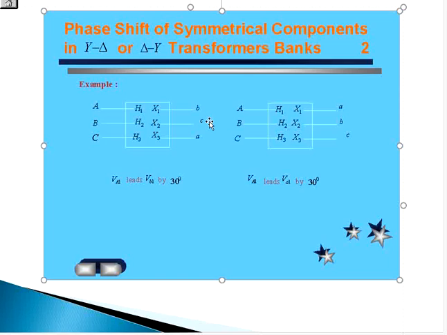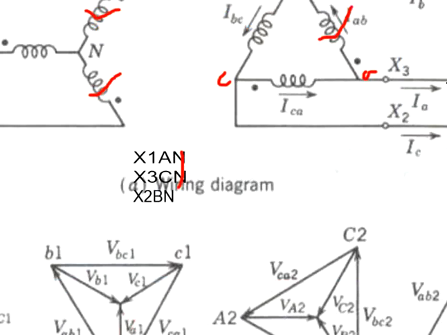Whether you are assuming the current is entering this side or that side, whatever point you assume as A or B, these terminals you need to write here, and this terminal you need to write here, and this terminal here, right?